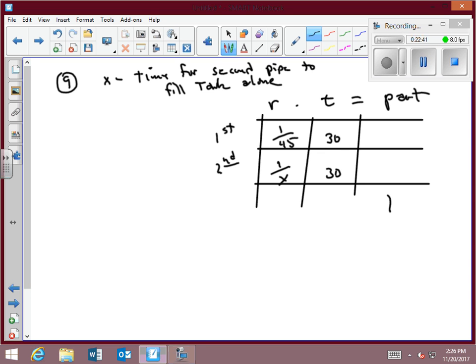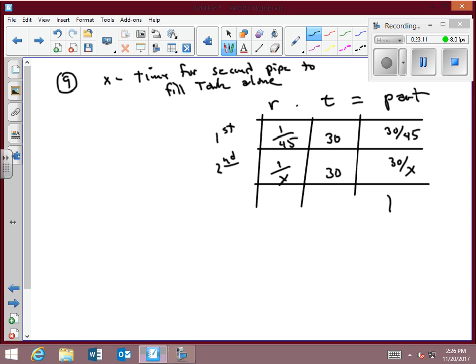So now you can get that third column finished off and you can get an equation. 30/45, 30/X, and now I've got an equation. I'm just putting the stuff in and then figuring out how I'm going to get an equation. Does that make sense?